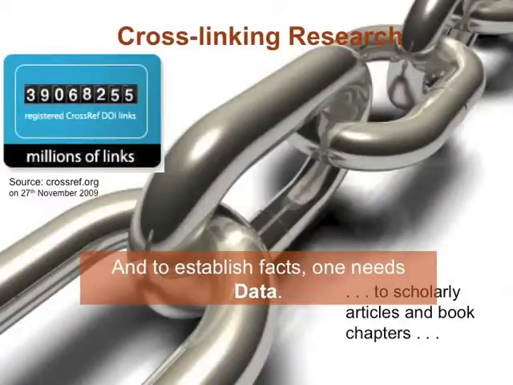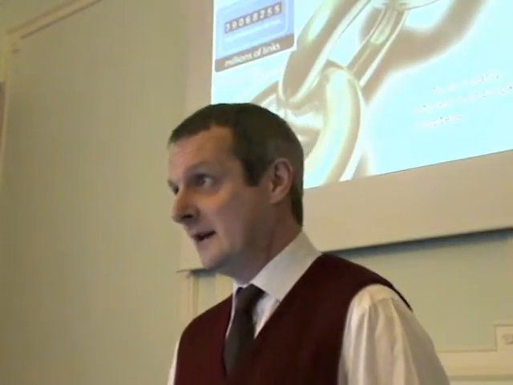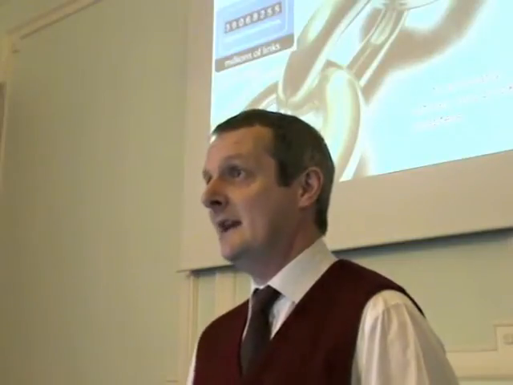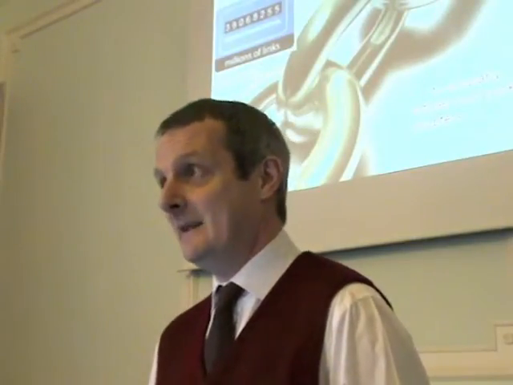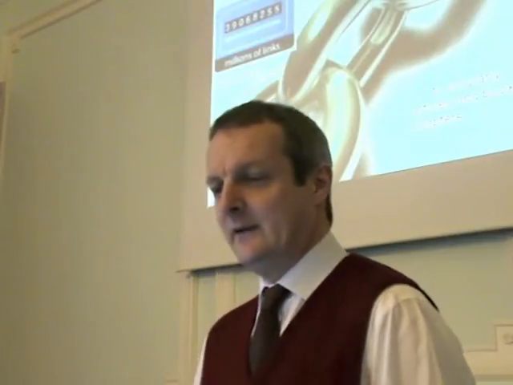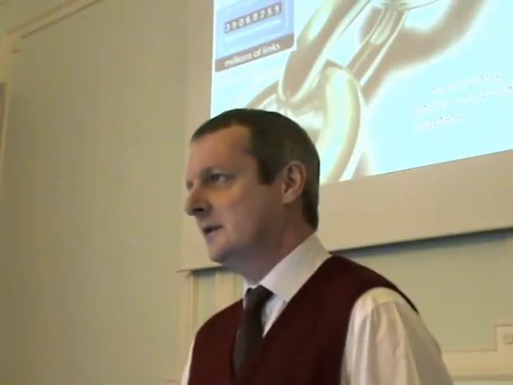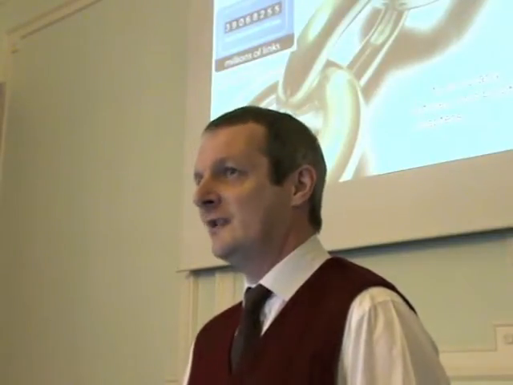If you think about the way that the scholarly community is linking their stuff, there's a system called Crossref. Crossref is sitting behind all of the academic journal publishing engines and the academic book publishing engines online. As of Friday, when I got the latest data, they've got 39 million articles and book chapters cross-linked.